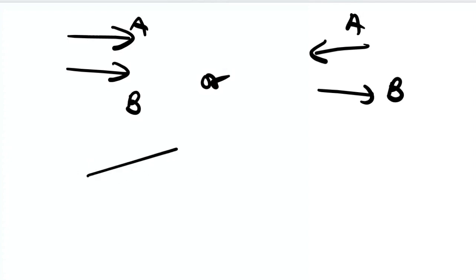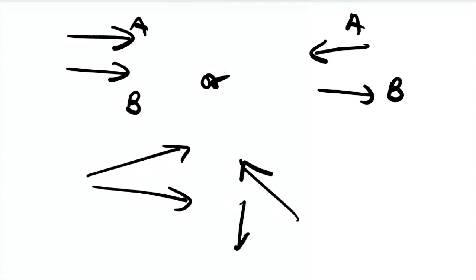Or you can even see them moving at angles: this one moving at this angle, and the other at another angle, right? How do we find the relative velocity between these two? We are going to take it one by one, solving cases. These are parallel; they never meet, but these ones meet. And when they are inclined, if you extend them, there will be an angle between them somewhere.